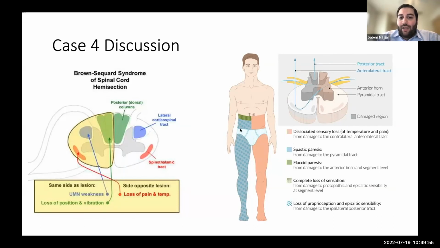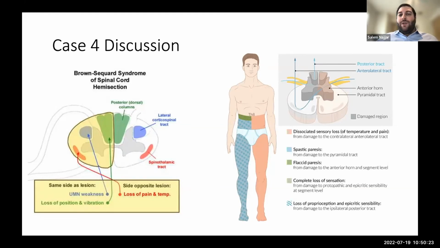There is dissociated sensory loss of temperature and pain contralaterally, as we said, because the injury is on the patient's right side. You can see that this is the patient's right side of the spinal cord. You can see there's flaccid paralysis at that level. There's complete loss of sensation at this level here. Down here, there's loss of proprioception, and there's spastic paresis on this side as well. So it's exactly the presentation that we just saw.